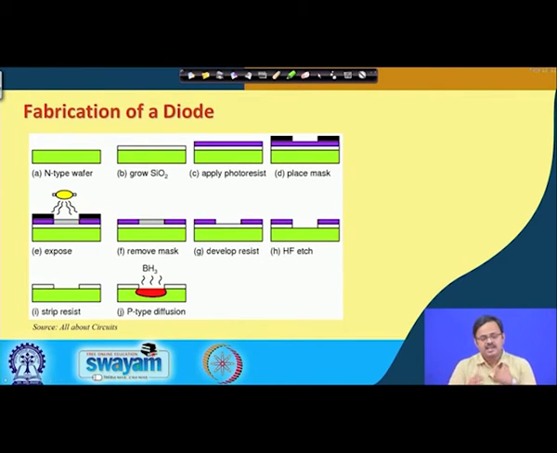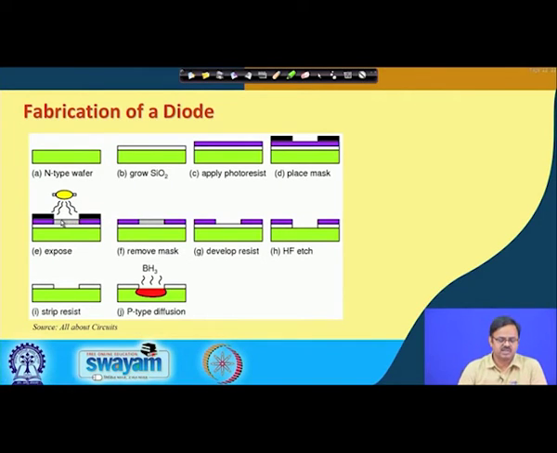Then we add a layer of photoresist, as is shown in step C. If we add a layer of photoresist, then we put a mask, and this is positive photoresist, where we will put this mask and then shine UV light, so that the part of the photoresist which was exposed to UV light can be removed.